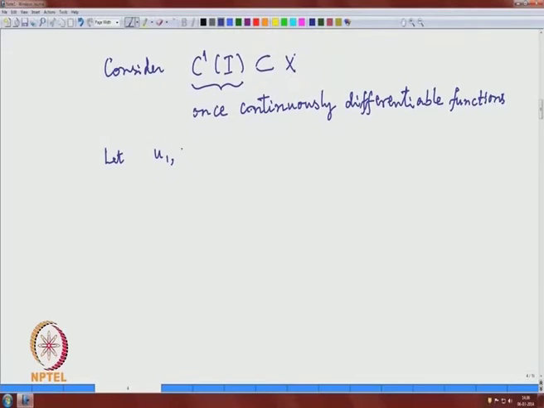So, let U1, U2 belong to C1(I) and A1 U1 plus A2 U2 equal to 0. So, I would like to see under this condition, imposing some conditions on U1, U2 if necessary, when does it follow that A1 equal to A2 equal to 0, that means U1 and U2 are linearly independent.